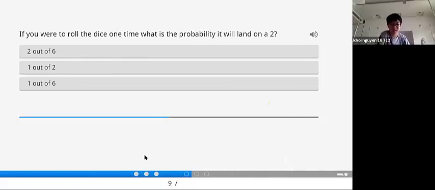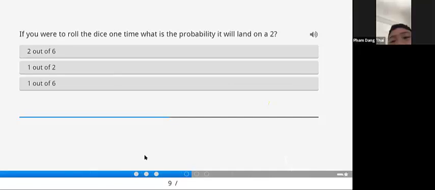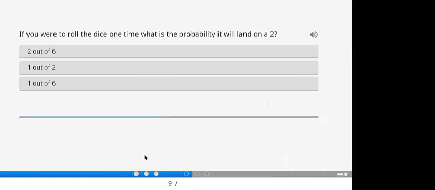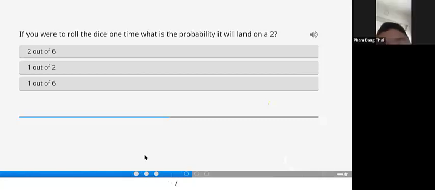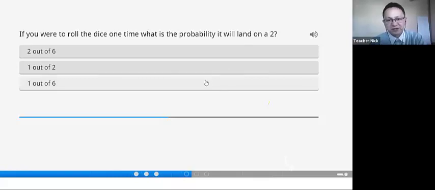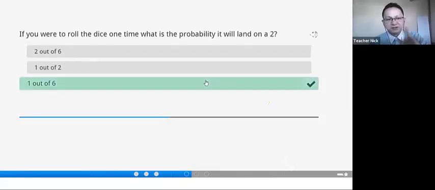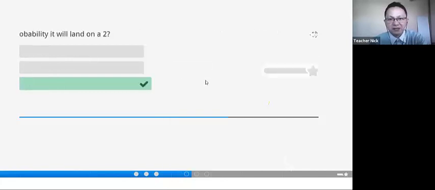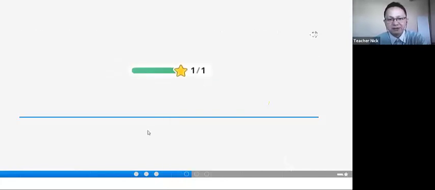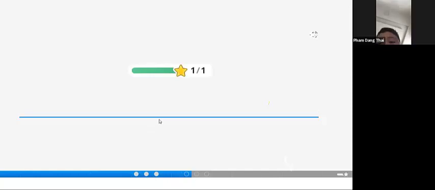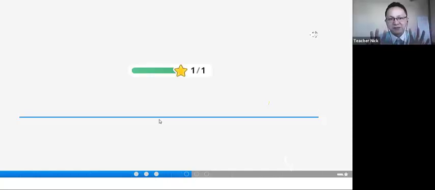If you roll it 1 time, the probability it will land on 2 is 1 out of 6, because there's only one 2 on there. Let's check. Yes, correct. Very good. So how many 2s are there on the dice? Just one. There are six numbers there. So 1 out of 6.